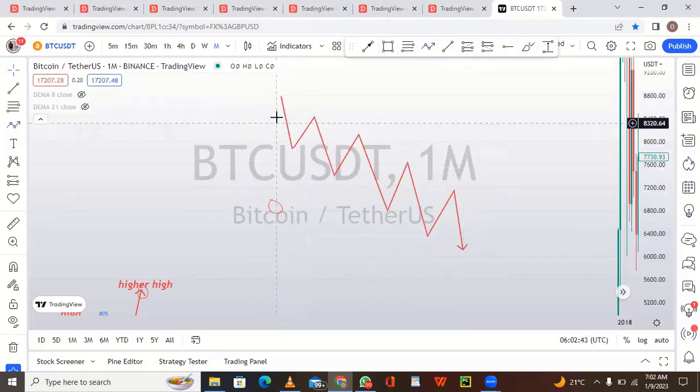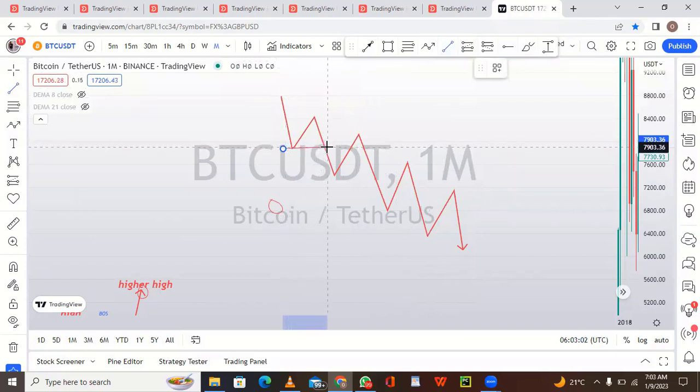Okay, like I said, this is the high, a low, a lower high, a lower low, lower high, lower low, lower high, lower low, lower high, and then lower low. So for a market to remain bearish, there must be a continuous break of structure to the downside.